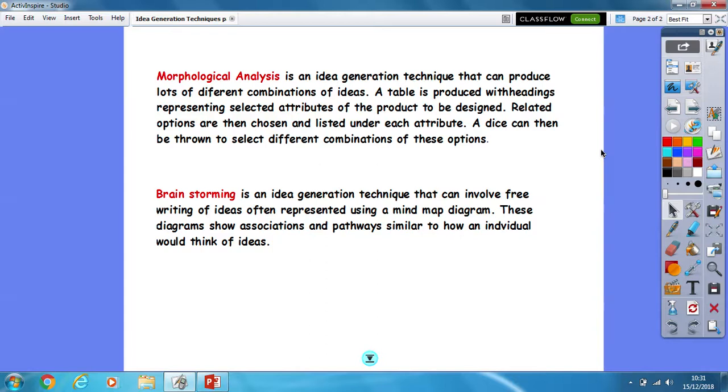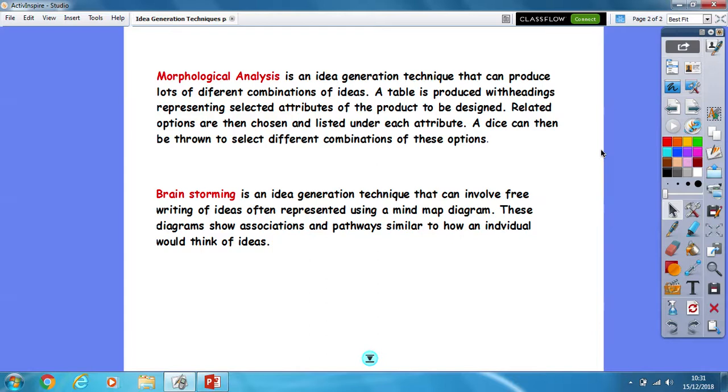And in doing that, you can then create a table that you can basically work out a number of combinations. And this normally would involve maybe throwing dice and having each column numbered according to the dice.